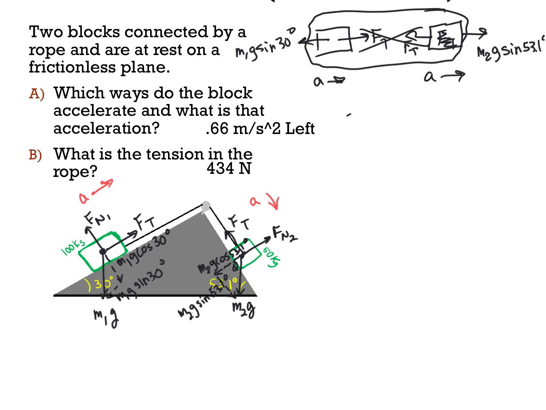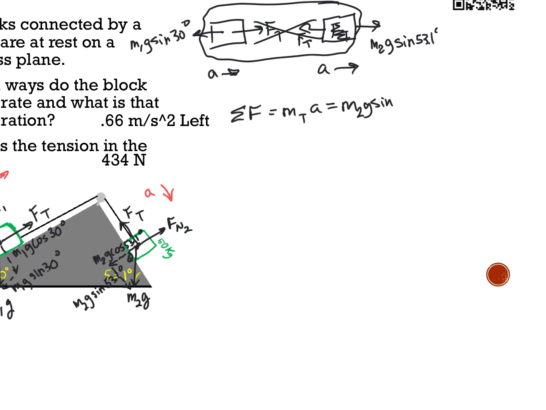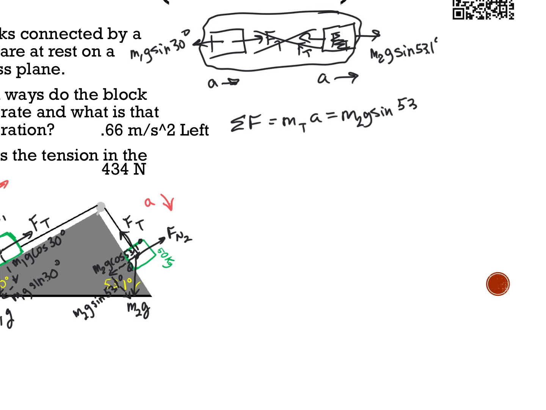Now that we're looking at it sideways, I basically flattened it out. So the sum of forces, which is the total mass of the system times the acceleration of the system, is m2g sine 53.1 degrees minus m1g sine 30 degrees.